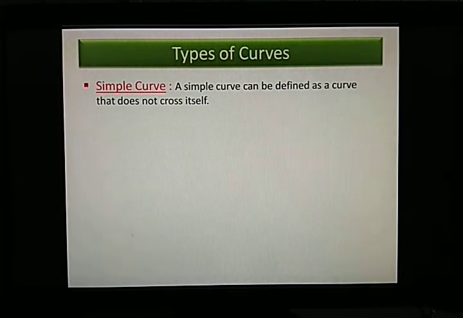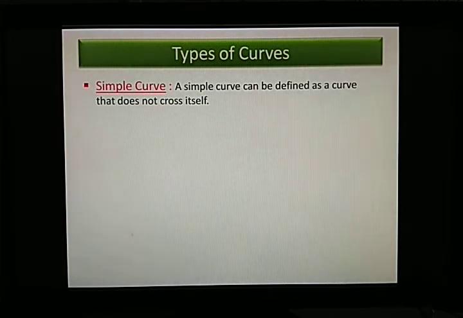Already the shape is complete, still again it is crossing over, so the curve is extended. So those two diagrams, number 3 and number 7, will not be considered as simple curves, and the rest of the 4 curves are simple curves. Clear? Because they did not cross over.